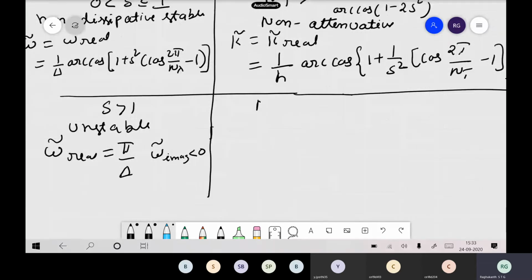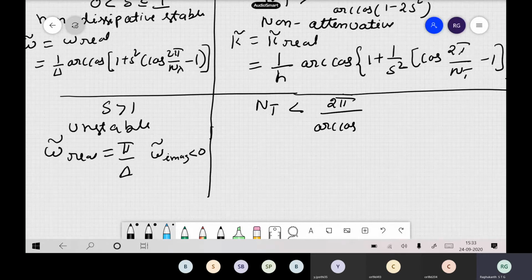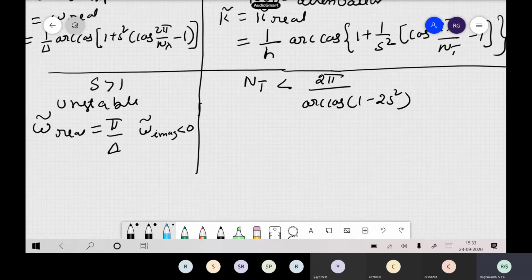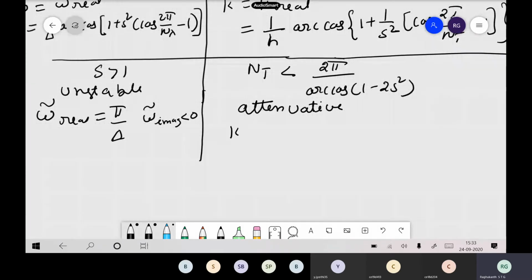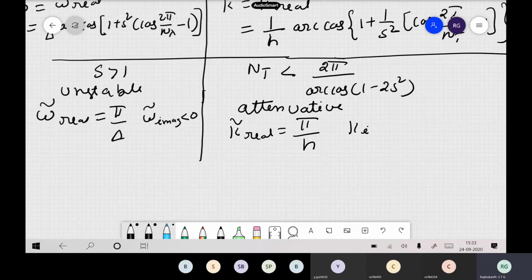Similarly here also, nt is less than 2 pi by arc cos of 1 minus 2s square, and we have said that here it is attenuative. There is no exponential increase, but exponential decrease is there. Our real part of k is pi by h itself, and the imaginary part is less than 0.